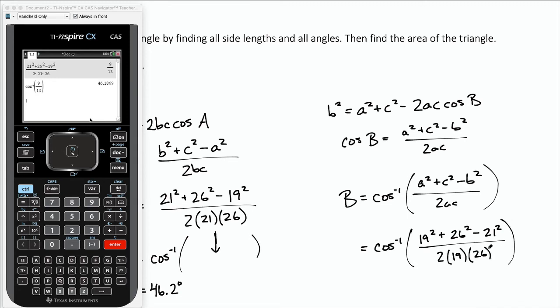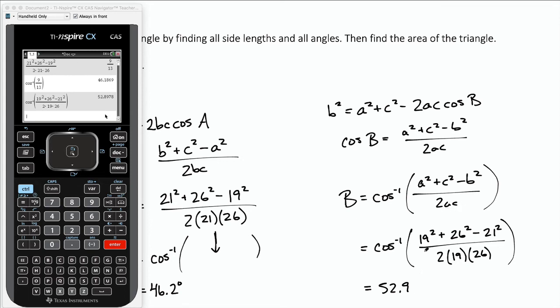All right, now we can type that into our calculator. So cosine inverse of 19 squared plus 26 squared minus 21 squared over 2 times 19 times 26, and we get about 52.9.